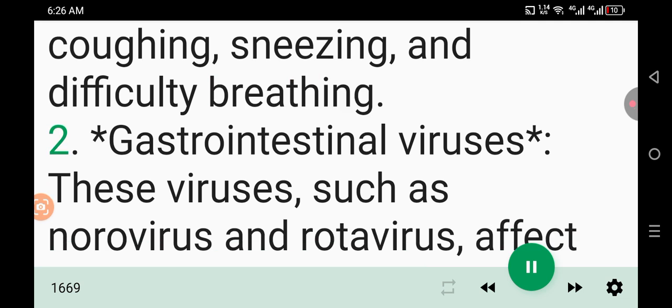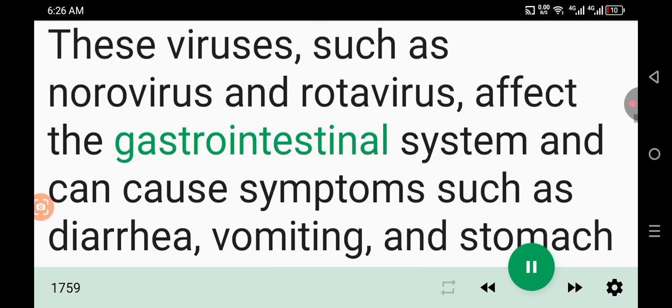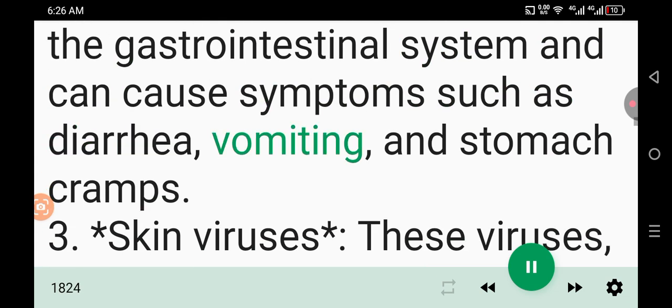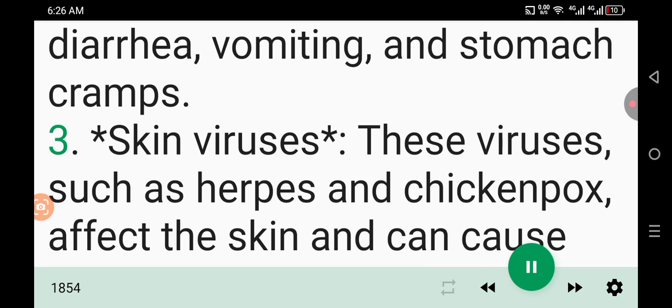2. Gastrointestinal viruses. These viruses, such as norovirus and rotavirus, affect the gastrointestinal system and can cause symptoms such as diarrhea, vomiting, and stomach cramps. 3. Skin viruses.